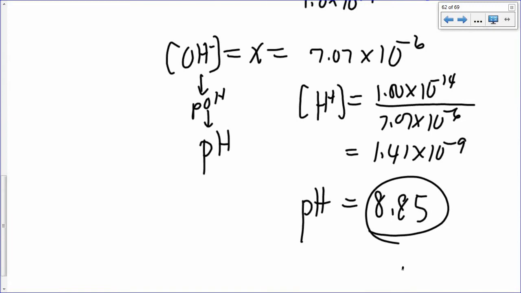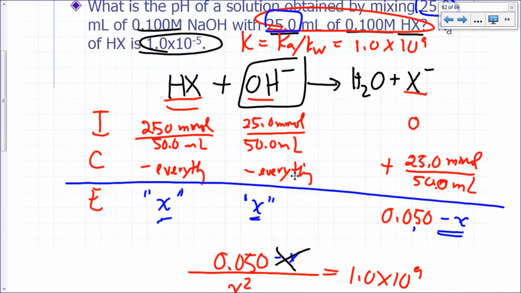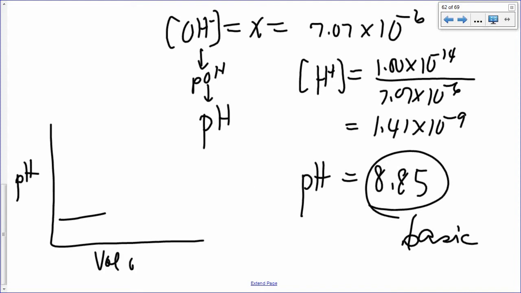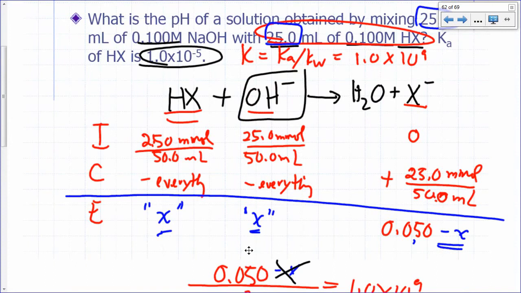So you can see your pH is basic at the equivalence point. Why are we saying this is the equivalence point? You have equal moles of H plus and hydroxide. If you did a titration curve for this, pH versus volume of titrant, you're going to get a big jump, but your equivalence point is actually going to happen above pH 7. You can explain that because you're out of HX.